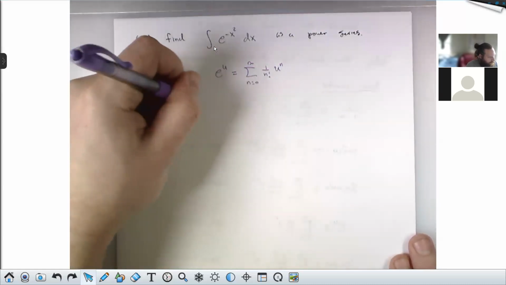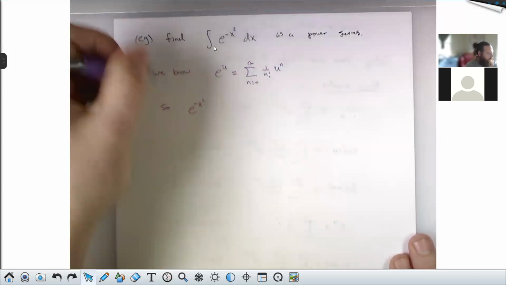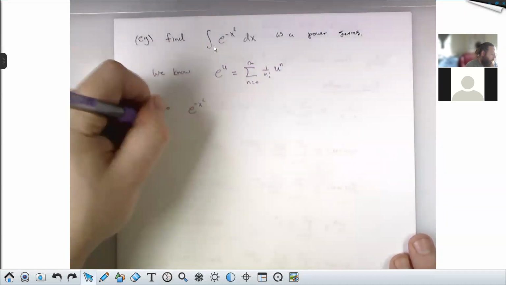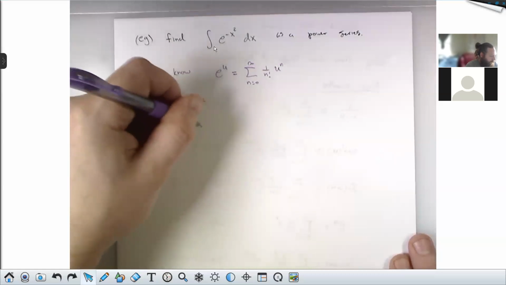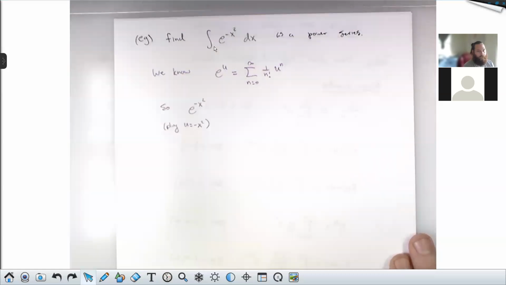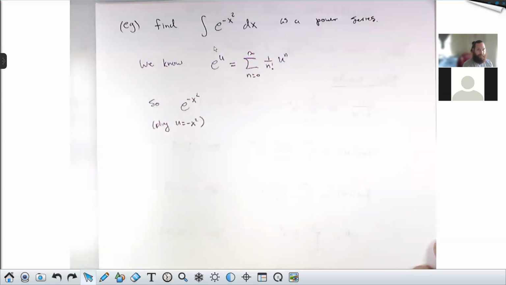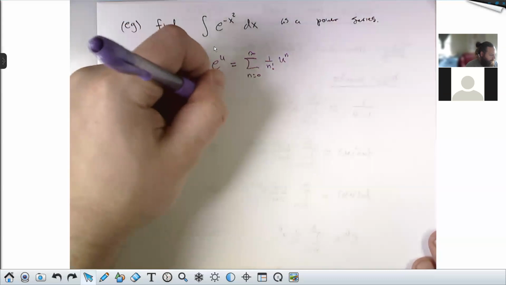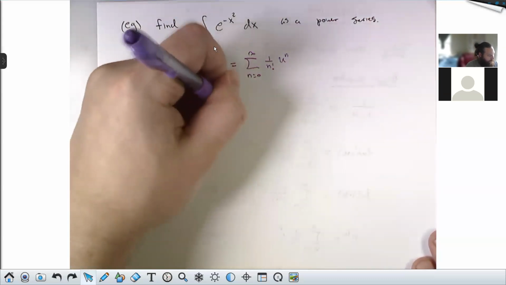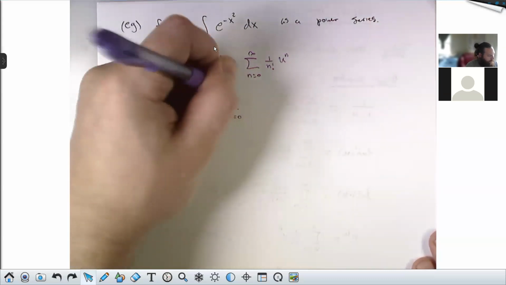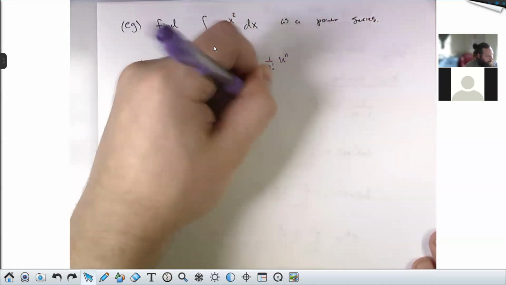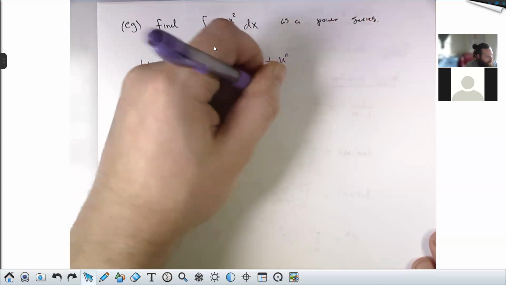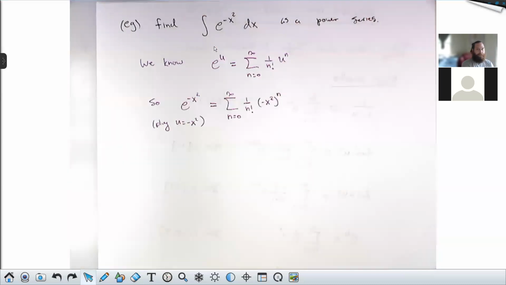So for e to the negative x squared, we're going to plug negative x squared in for u. That should be the sum from n equals 0 to infinity of 1 over n factorial times negative x squared to the n.